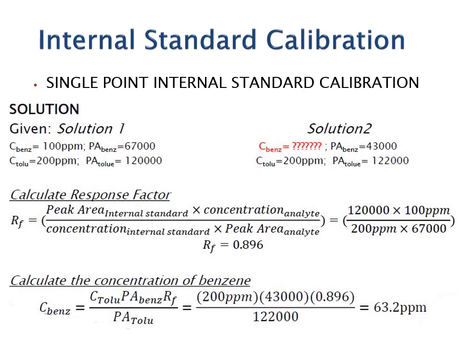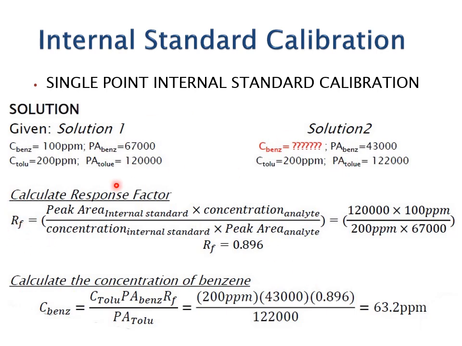So first, katulad ng lagi kong sinasabi, always nyong ilagay yung given para hindi kayo malito. And yung you have to calculate first the value of the response factor kasi hindi mo naman makakompute yung concentration ng benzene if unknown yung response factor.